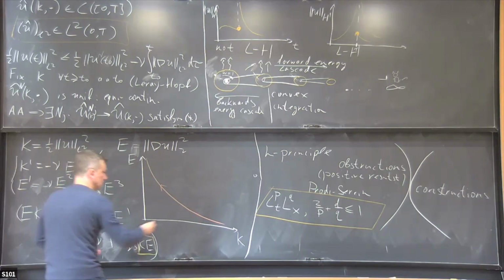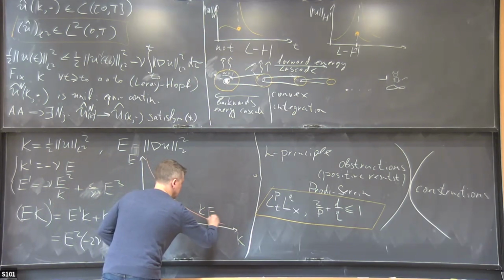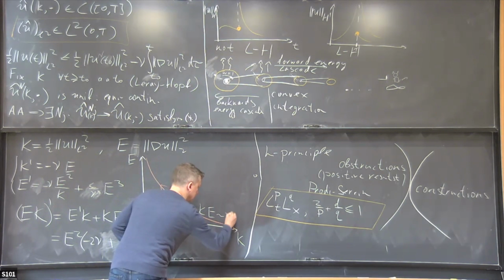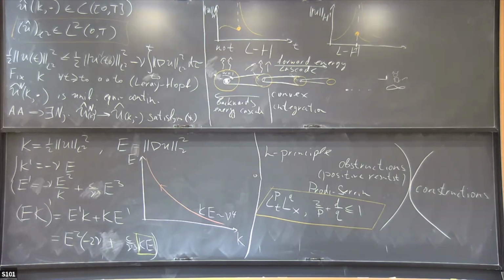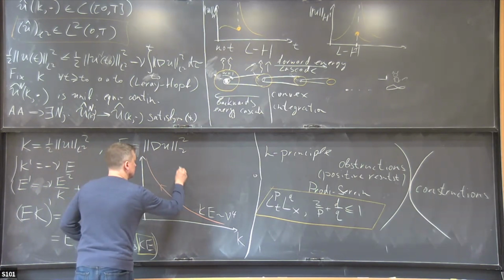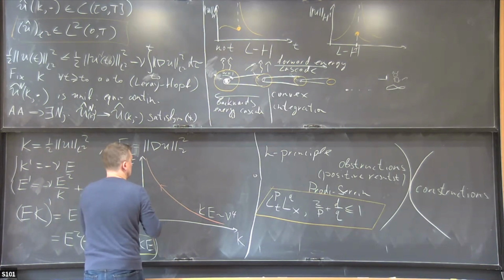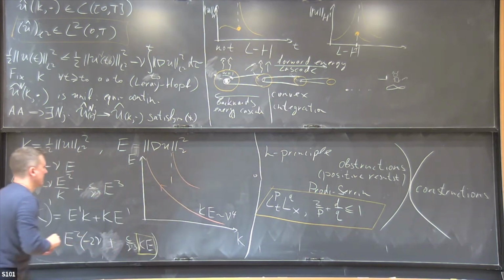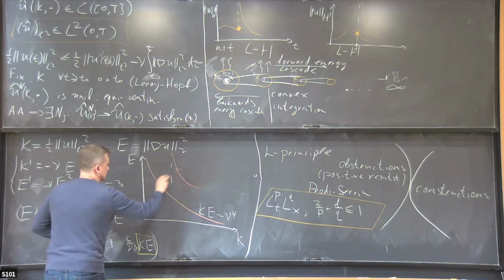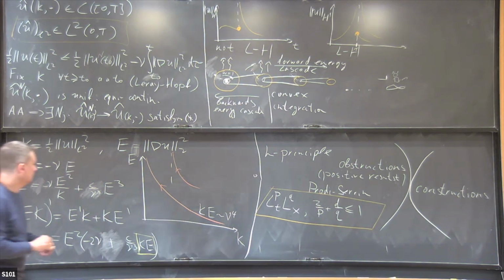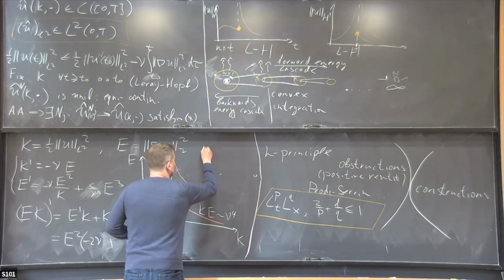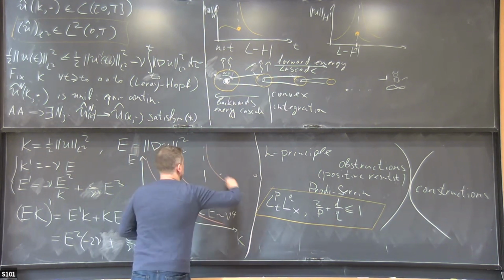Along this trajectory, k times E is some constant times nu to the power 4. If you start somewhere in this region, again, your solution is going to blow up. It's easy to check that these solutions blow up in finite time. You just look at the second equation. E is going to blow up in finite time. It's obvious.